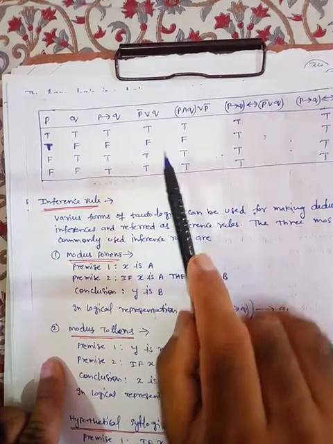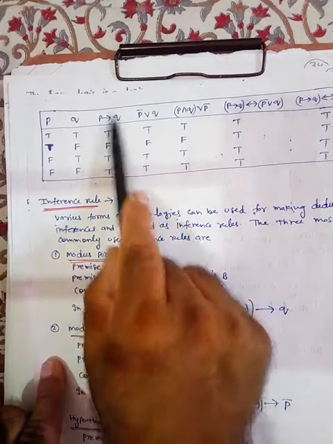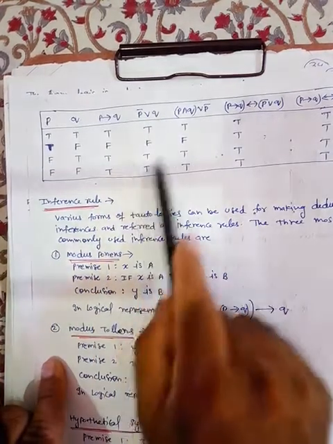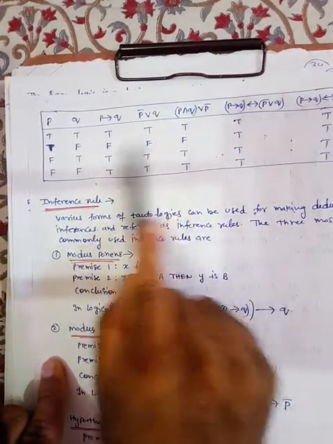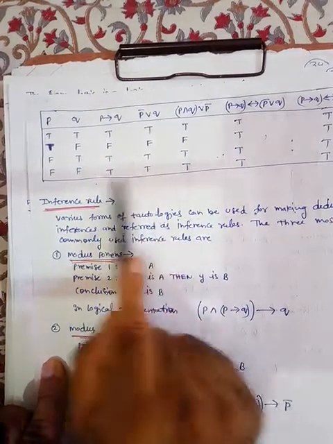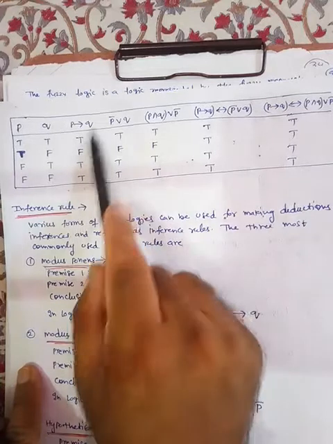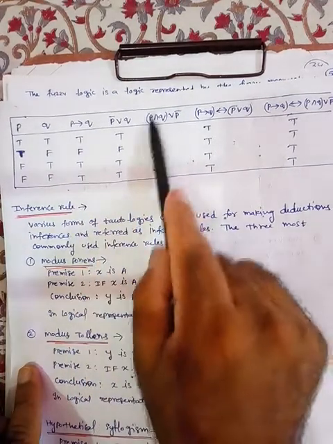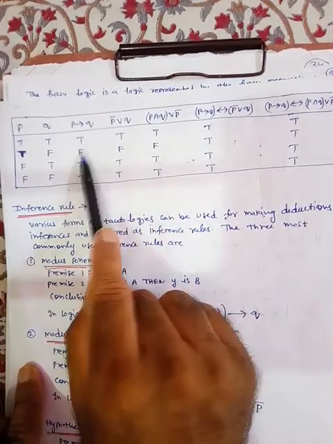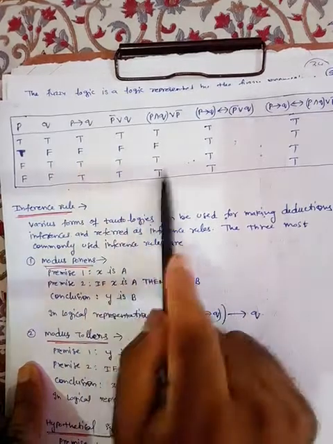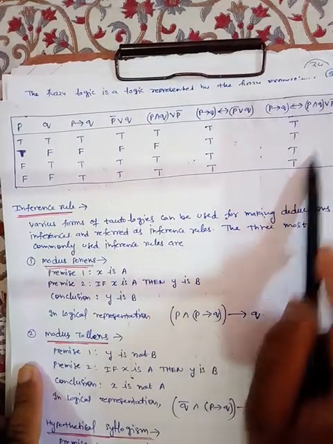Fine. Now we are having two columns, one is this, another one is this. Now they are the same, both are the same. This is the same, this is the same, this is the same. That's why T T T T. Similarly, P implies Q is equivalent to this. Now we are taking these two. Both are the same, so this is true.